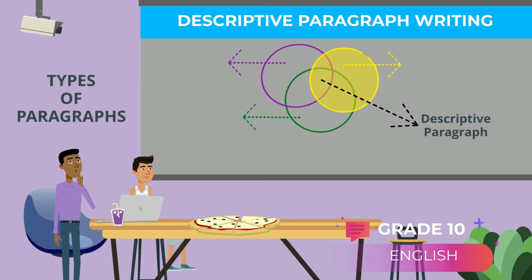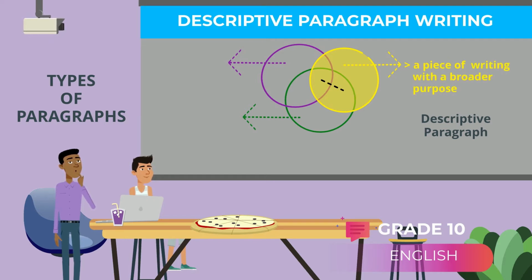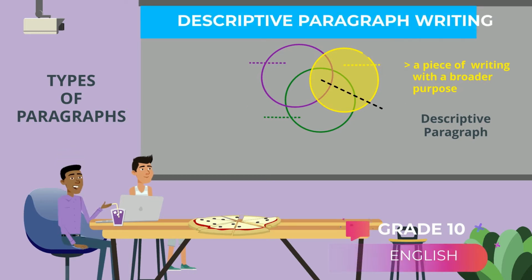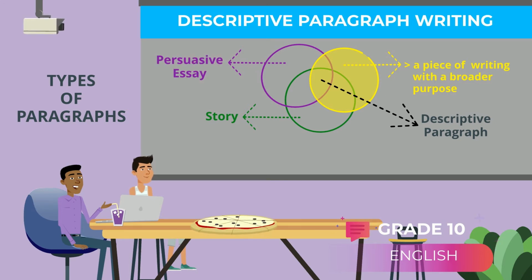Usually, at this level, a descriptive paragraph is not used by itself, but rather as part of a piece of writing with a broader purpose. Maybe as part of a story or part of a persuasive essay.